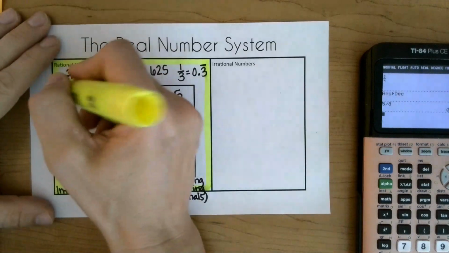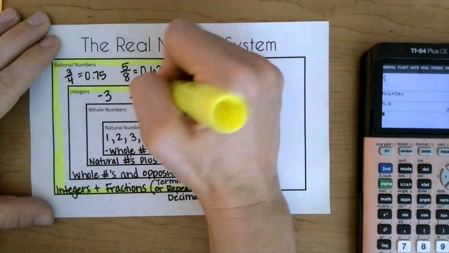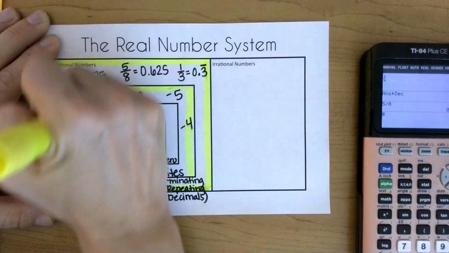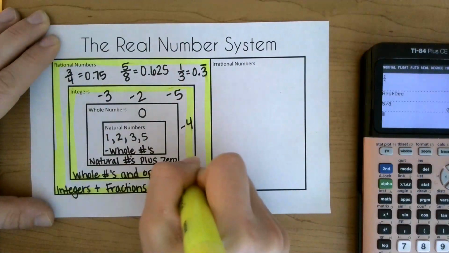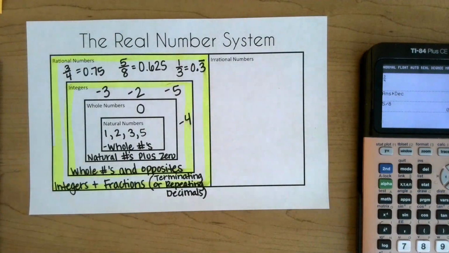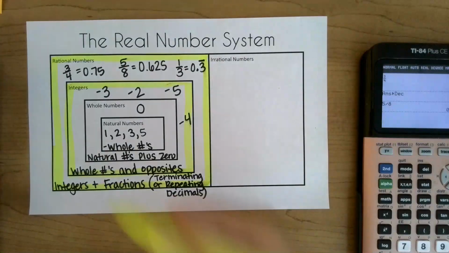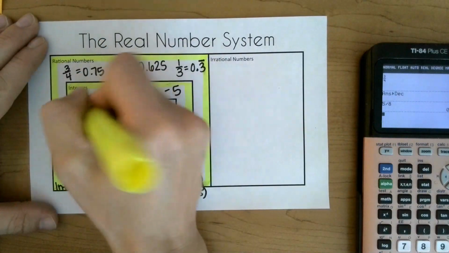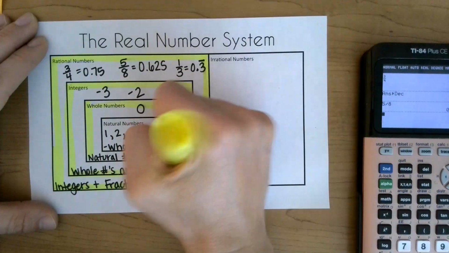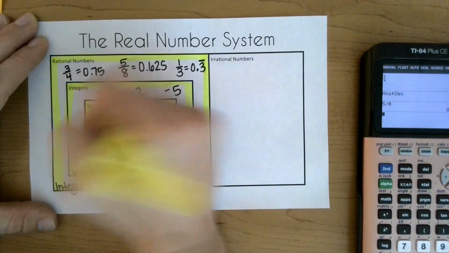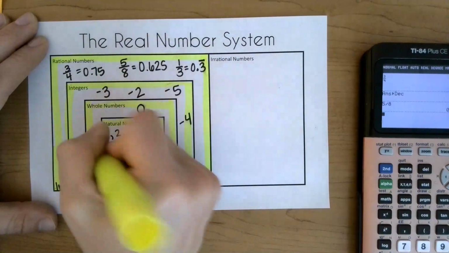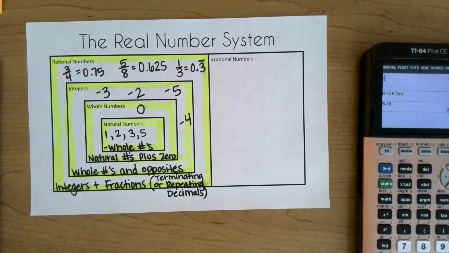If you want, you could also do the outside of each box. So the main idea is we want to know that all of these numbers are rational. Integers, whole numbers, natural numbers, terminating or repeating decimals. These are all rational. Question?